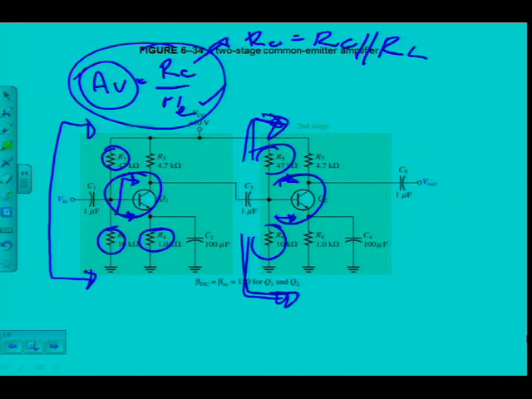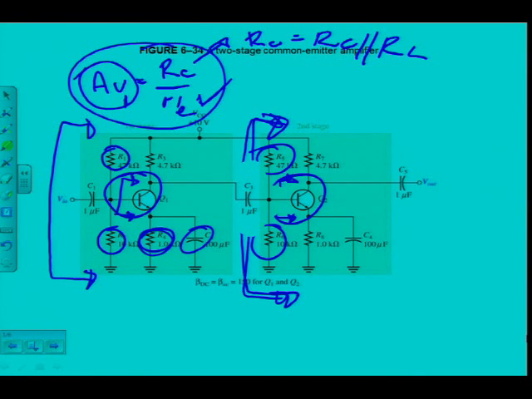It's still RC over R'E. I still have to go and look at the amplifier. So I'm going to calculate the voltage gain of the first stage, RC over R'E. Is R'E true? Yes. RE4 is bypassed by C2. So that still remains true.